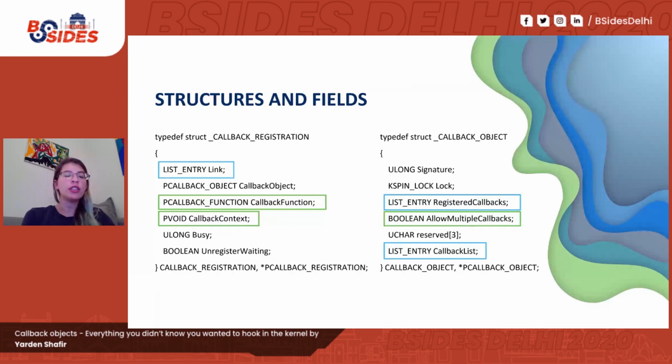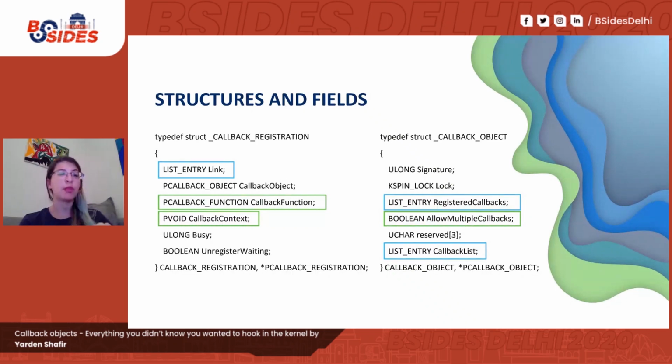And if it's set to false, when you register a callback function, the kernel will check if there's already someone registered for this callback. And if there is, it won't let you register. Now, that's not a very major limit because the callback is in the kernel, your driver is in the kernel. You can go and patch the list yourself and just add your function there anyway, but you're not supposed to.